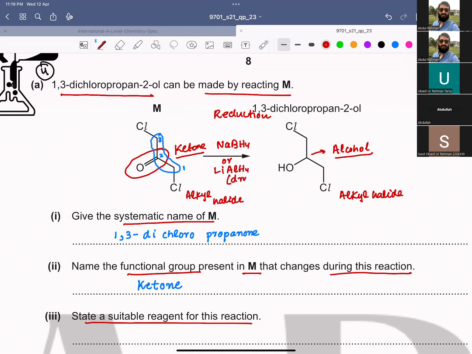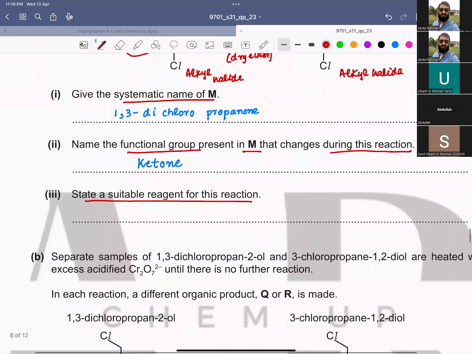We can write any one, because either NaBH4 or LiAlH4 can be used as a reducing agent to reduce a ketone or aldehyde into an alcohol. So, NaBH4.